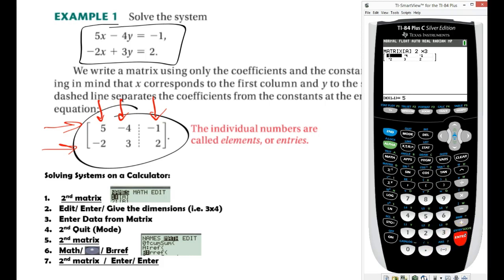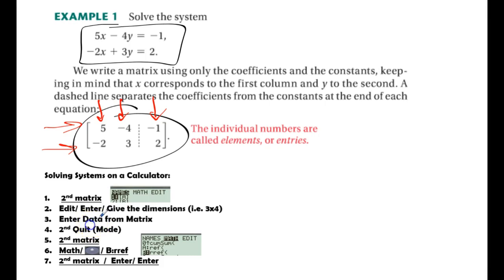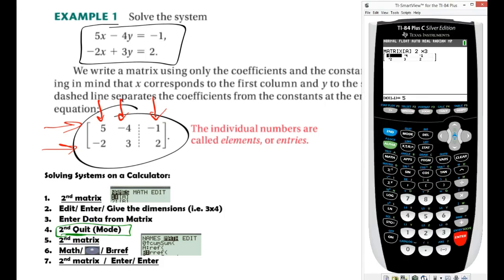Once you edit your data values, you're going to go back and hit quit. This is a really important step, step number 4. Students forget to do this. You have to get out of that matrix function to get back into it. It seems unreasonable, but you get out of the matrix to go back into the matrix.